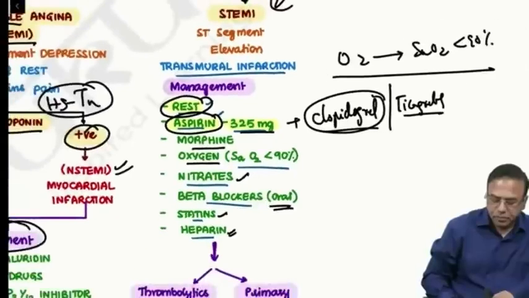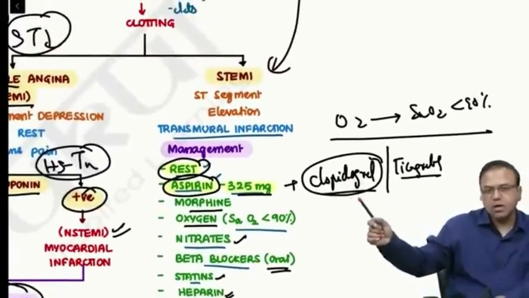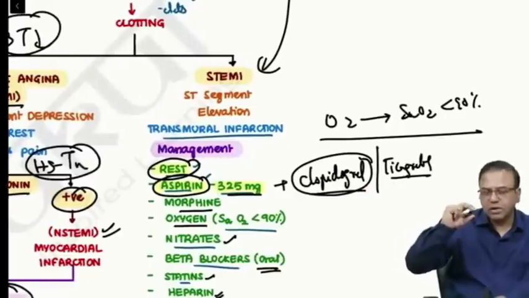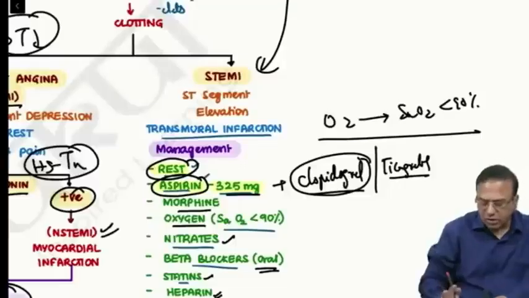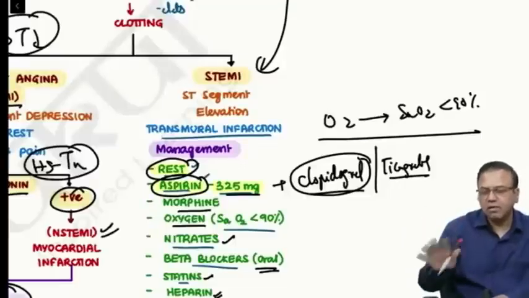Can you use, apart from aspirin, other antiplatelet drugs? Yes, we can, especially in the cath lab, because we don't want the stent to thrombose. The only drug that is not allowed upstream before you take the patient to the cath lab is fondaparinux. That will never be the answer.